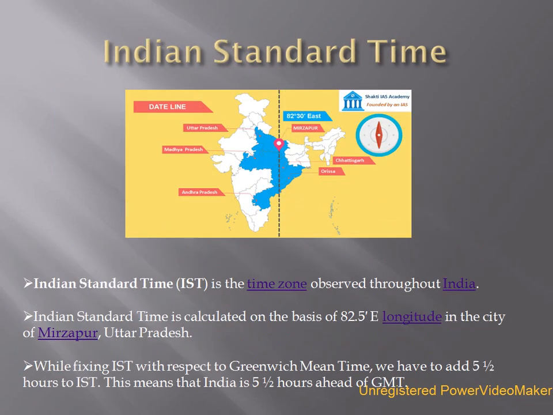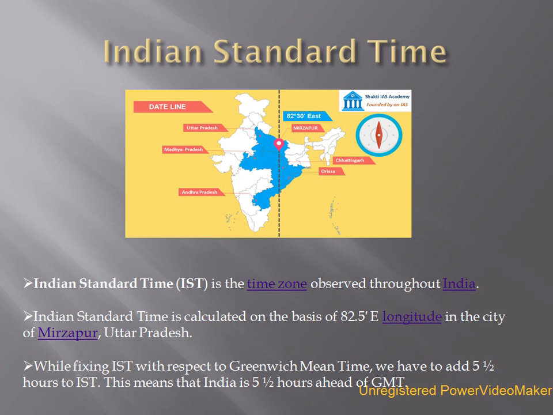Now we come to Indian Standard Time. Indian Standard Time is also known as IST. IST is the time zone observed throughout India. It is calculated on the basis of 82.5-degree east longitude in the city of Mirzapur, Uttar Pradesh.